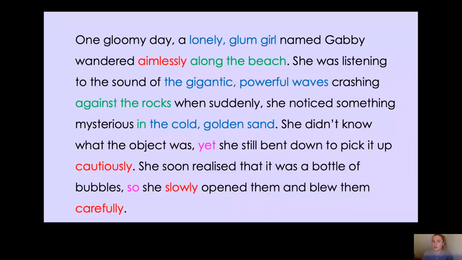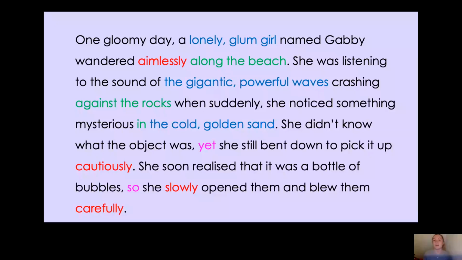Okay, now let's look at the first sentence. One gloomy day. So I've said when this is. It could be one dark night, or one sunny day, or late one night, or early in the morning. You can say when it is, maybe early in the morning, a lonely glum girl named Gabby. See how you can change your sentence by changing when it was.